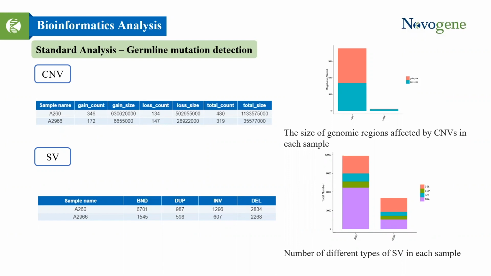Then we plot a figure about the size of genomic regions affected by CNVs in each sample. Different colors represent different samples here. We do the same thing for SV detection and generate the table and figure like below.